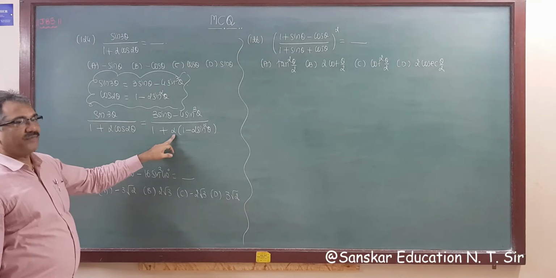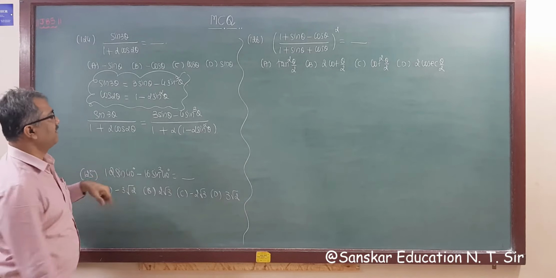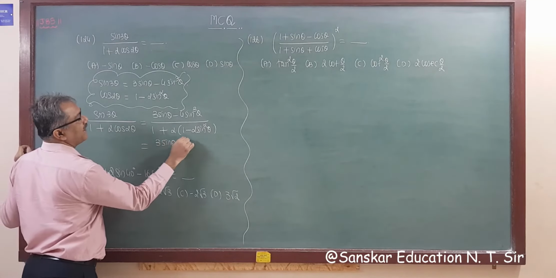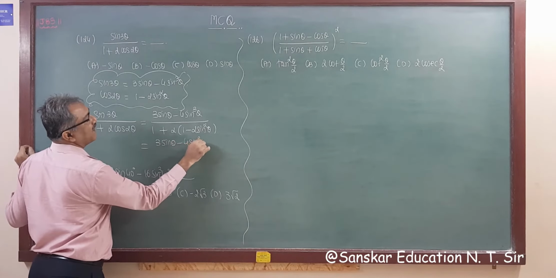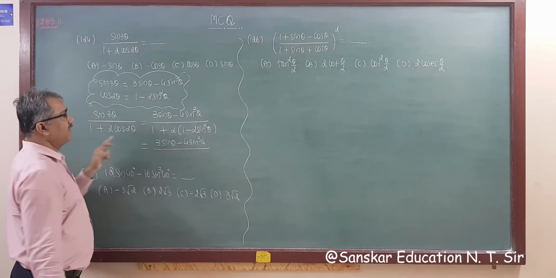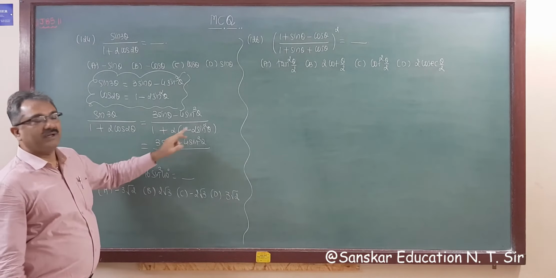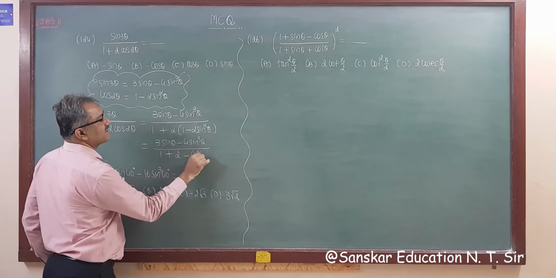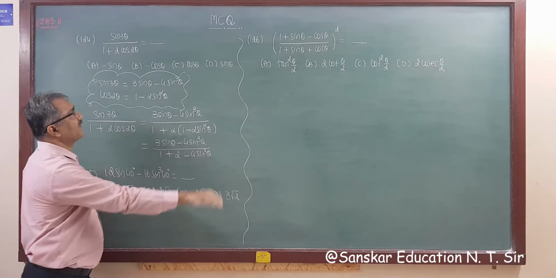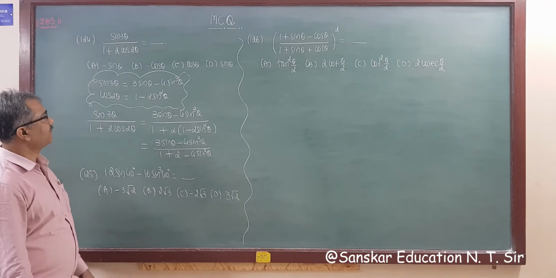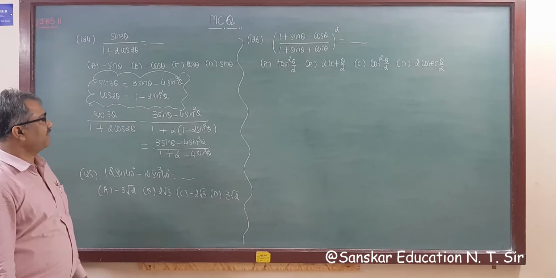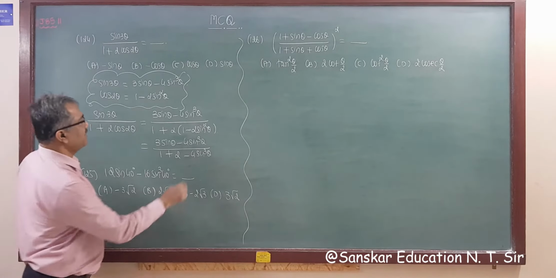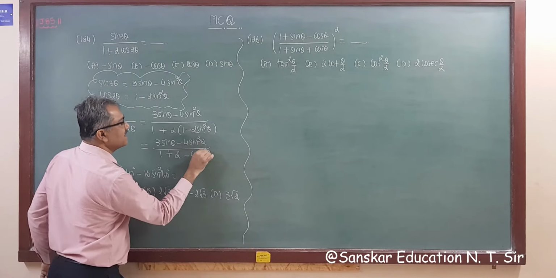So what to do? Nothing. This is 3 sin theta minus 4 sin cube theta whole upon 1 plus 2 into 1, 2. So 1 plus 2 minus 4 sin square theta. Right? Sorry, this is 2 sin square theta.